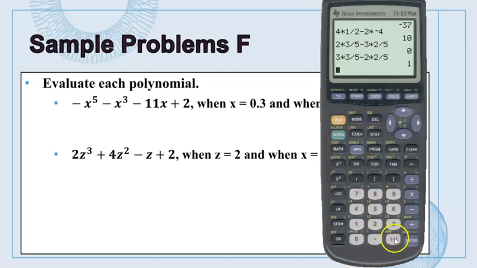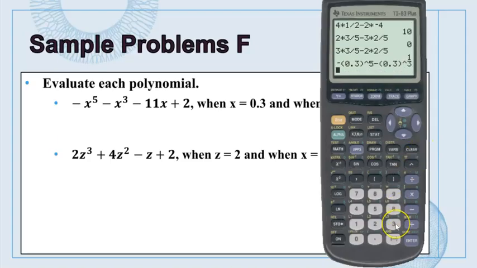So we have negative, and then parentheses 0.3 end parentheses, and we're going to raise that to the 5th power, minus parentheses, and it's important that you put this in parentheses, 0.3 end parentheses, and we are cubing that, so raise that to the 3rd power, minus 11 times 0.3 plus 2, and that gives us an answer of negative 1.32943.